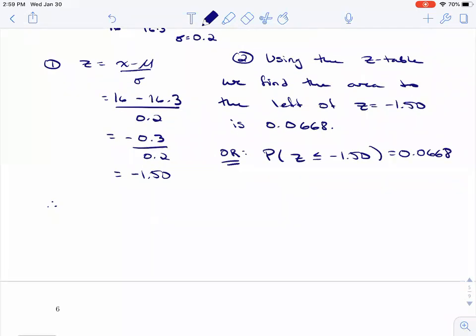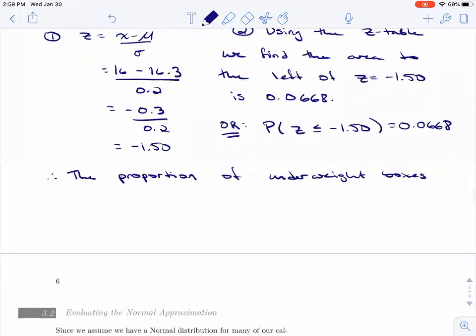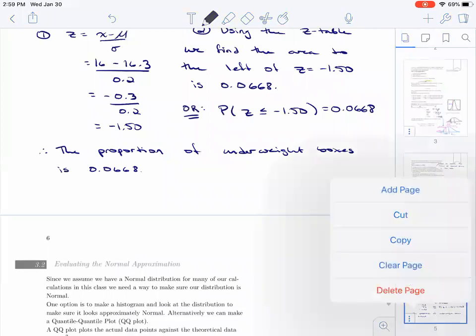So therefore, the proportion of underweight boxes is 0.0668.